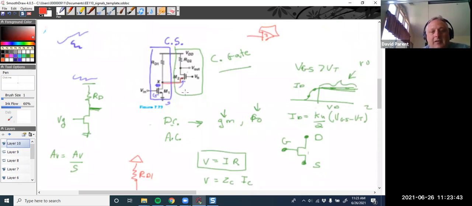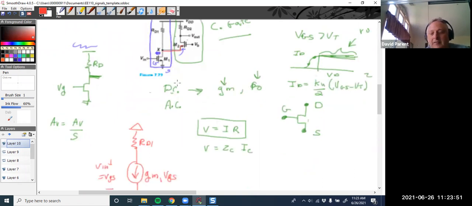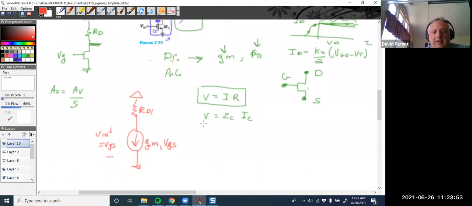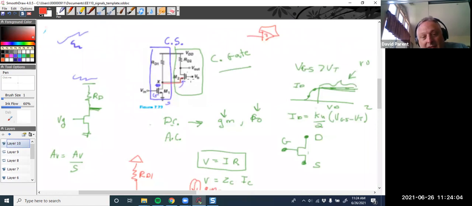Now this is another current source, and since the little arrow is pointing out, that's another NMOS. So I'm just going to draw another one, and I'm going to call it GM2 because it'll definitely have a different value, right? But now what's VGS here? So this is drain 2, gate 2, source 2, right?